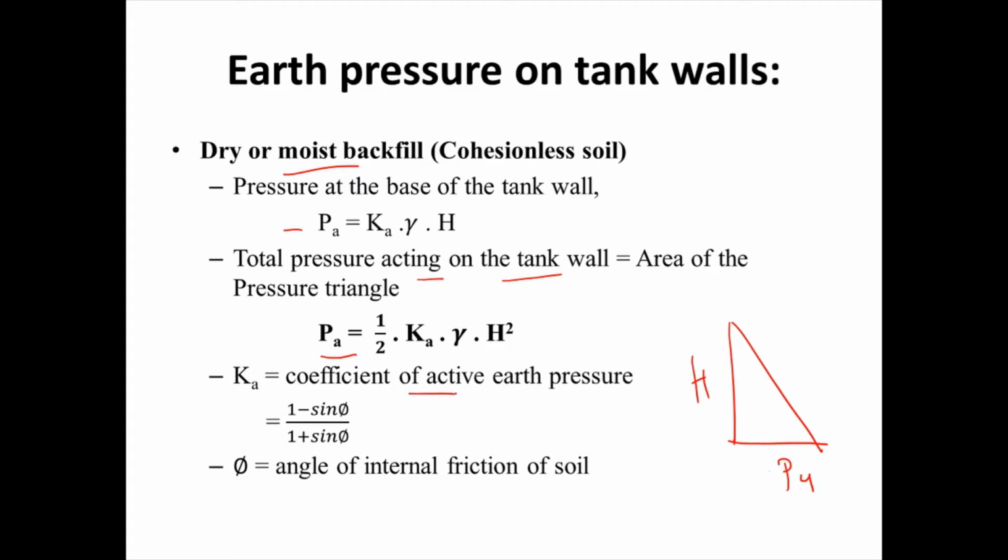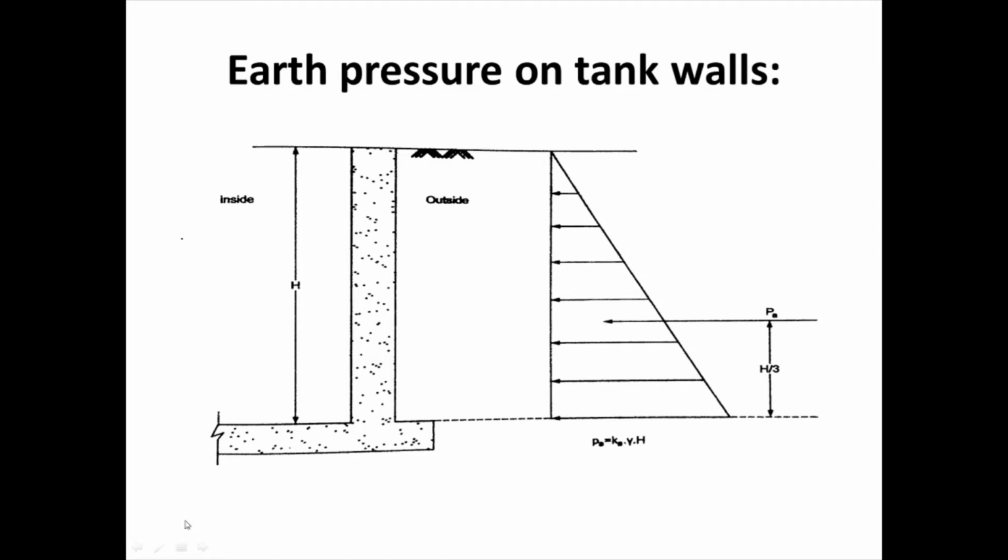Ka is the coefficient of active pressure, so Ka is equal to (1 minus sin phi) divided by (1 plus sin phi). Phi is the angle of internal friction of soil. Look here: here is the tank wall, here is the earth pressure in triangular shape. The resultant acts at the center of gravity, CG of the triangle, at H by 3.